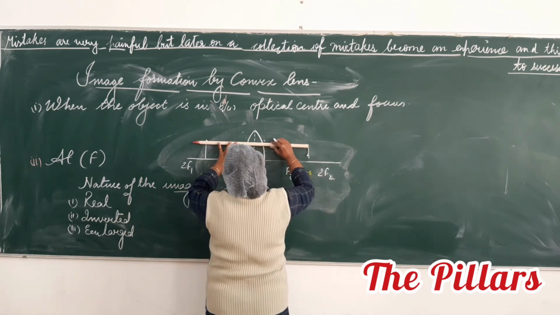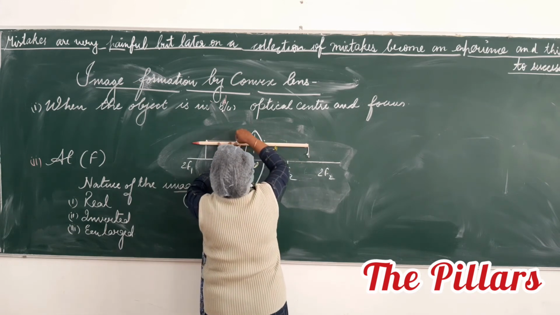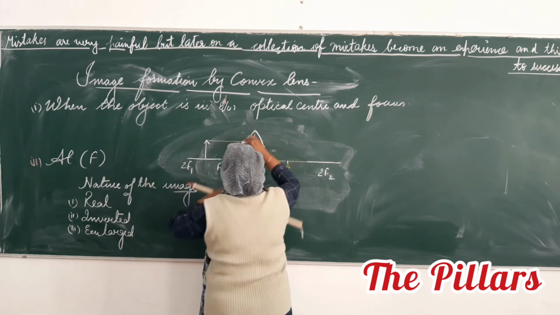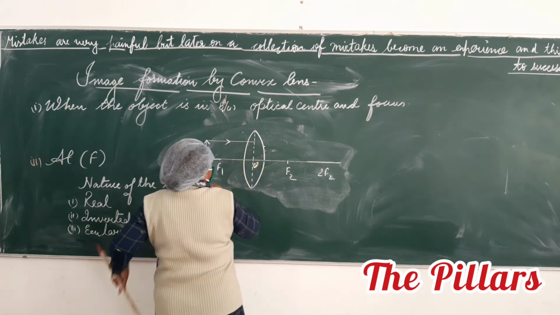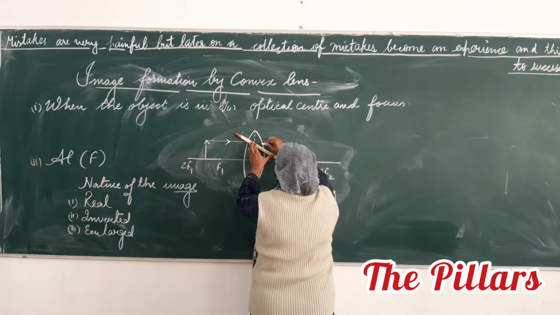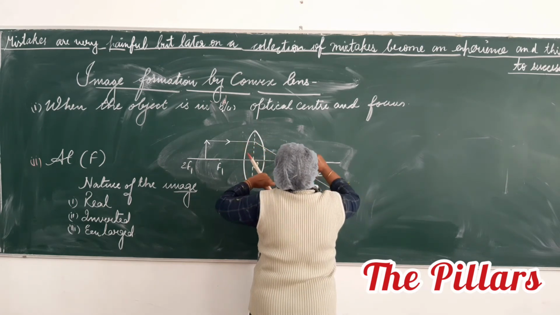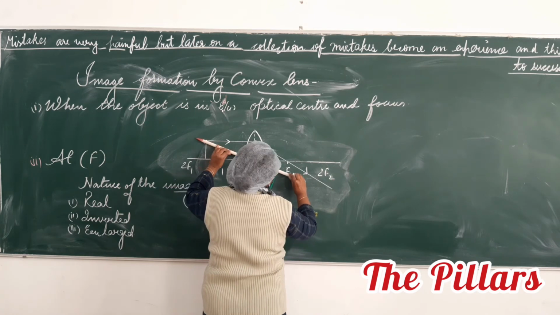Then the ray parallel to the principal axis will pass through the focus. And what about the other one?